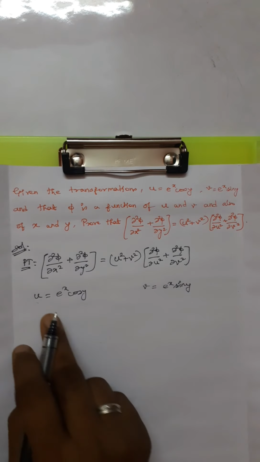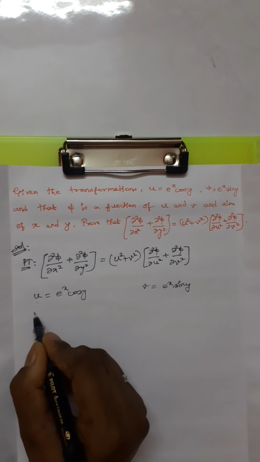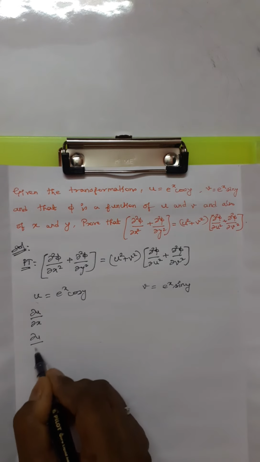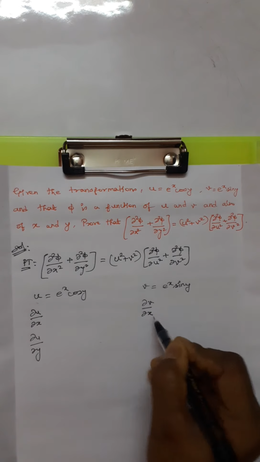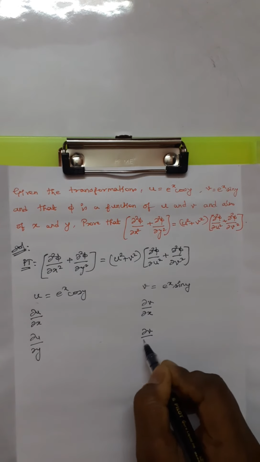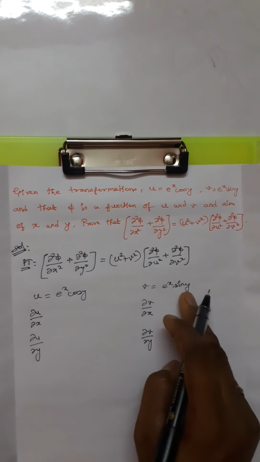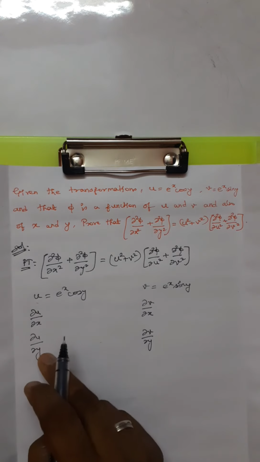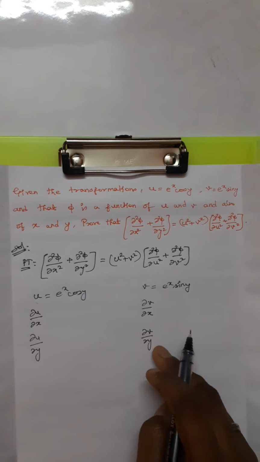From these two informations, let us find the values of the partial derivatives dou u by dou x, dou u by dou y, similarly dou v by dou x, dou v by dou y, right? Whatever partial derivatives we can find out from these two informations, we can find out.